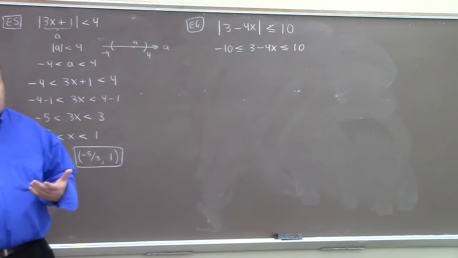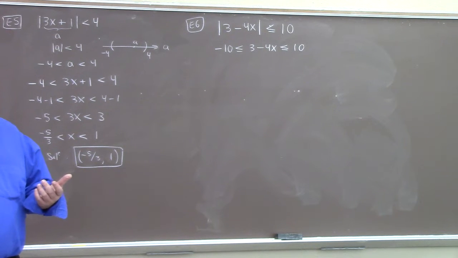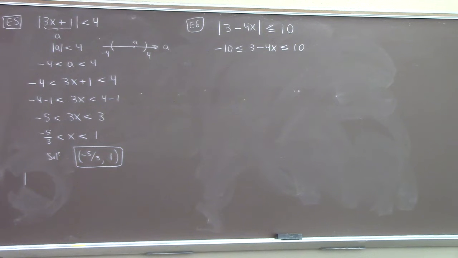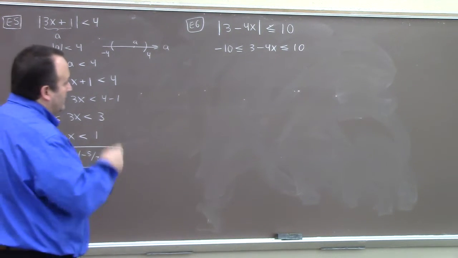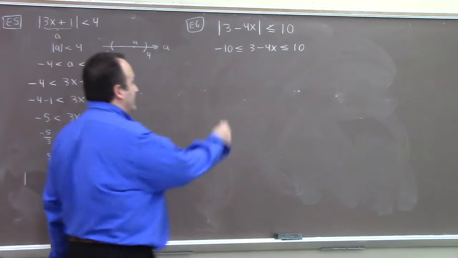So when we're unwrapping an absolute value inequality, it gives us a compound inequality when it's less than or equal to. It gives us a conjunction, as they call it. Now how do I solve that? To get rid of the 3, what should I do? I should subtract 3 across the inequality, right? Subtract 3.